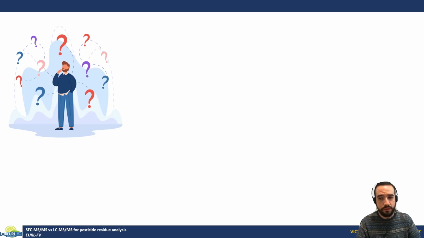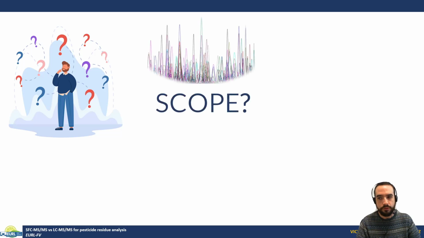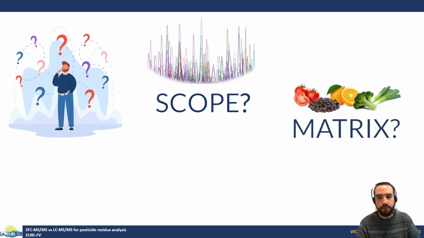So, as a summary, do I need supercritical fluid chromatography? Which scope do you have in LC? Is there any pesticide that you miss in LC that maybe can be quantified through SFC? Do you analyze complex or easy matrices?